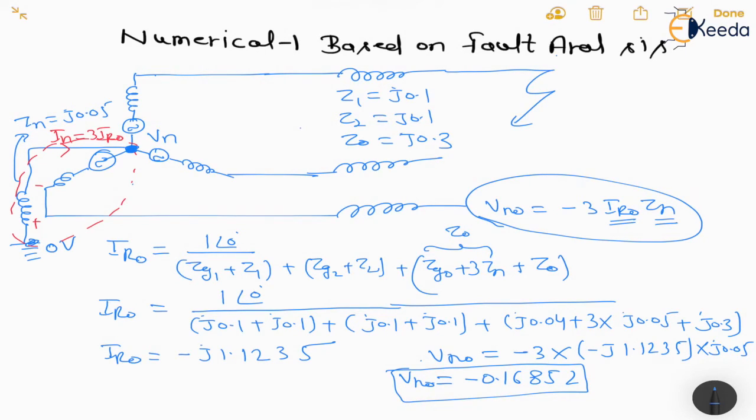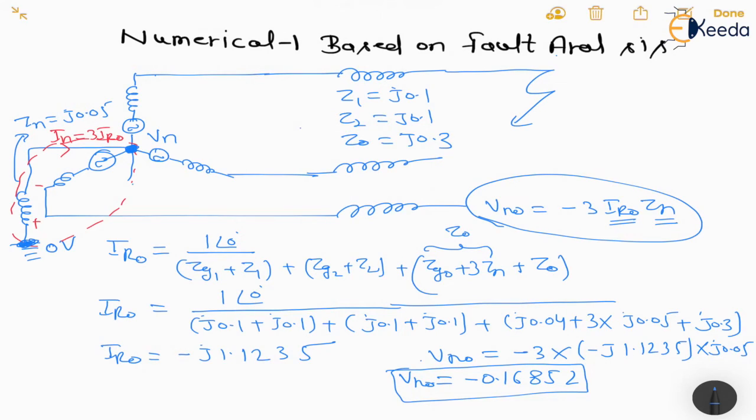Because this is your per unit value, if you want to calculate the actual value, what base value do you have to multiply by? Phase voltage or line voltage? Always remember, otherwise you will get the wrong answer, because you can see here, this is your neutral point and this is your zero voltage.